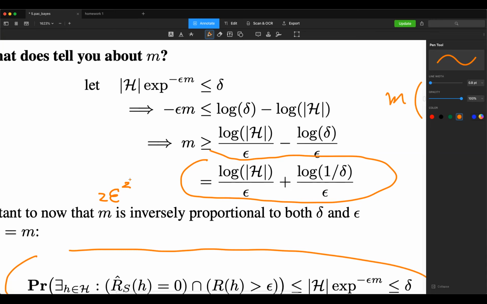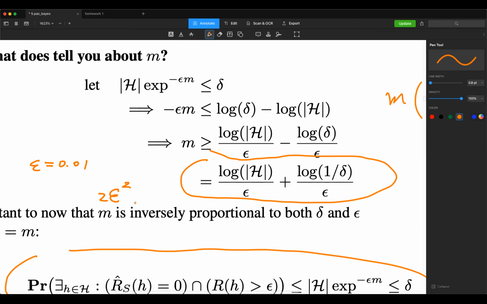Because if you think about it, if you let epsilon equal to 0.01, and you still have this quantity here, but just imagine this is a 1, you're actually going to get 100 data in order to get this thing to work. But if you have this kind of stuff, you're going to get 5,000 data in order for it to work.